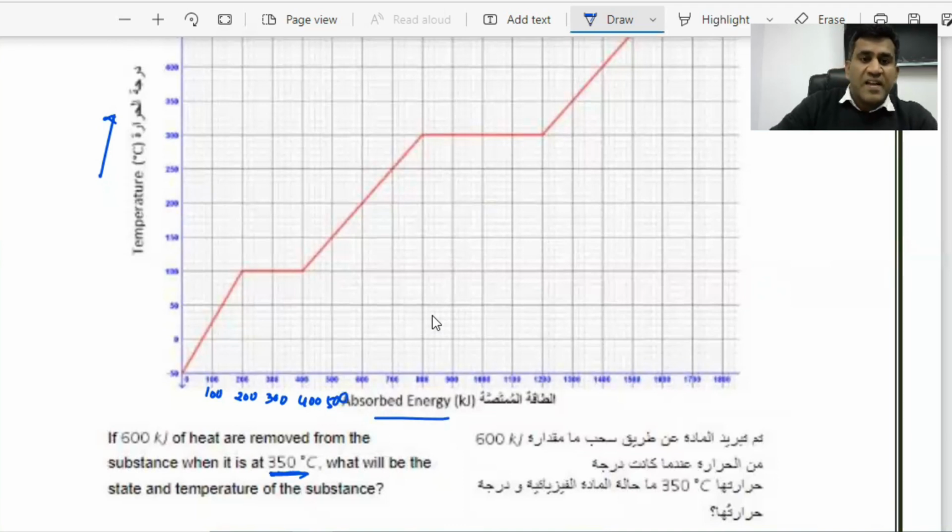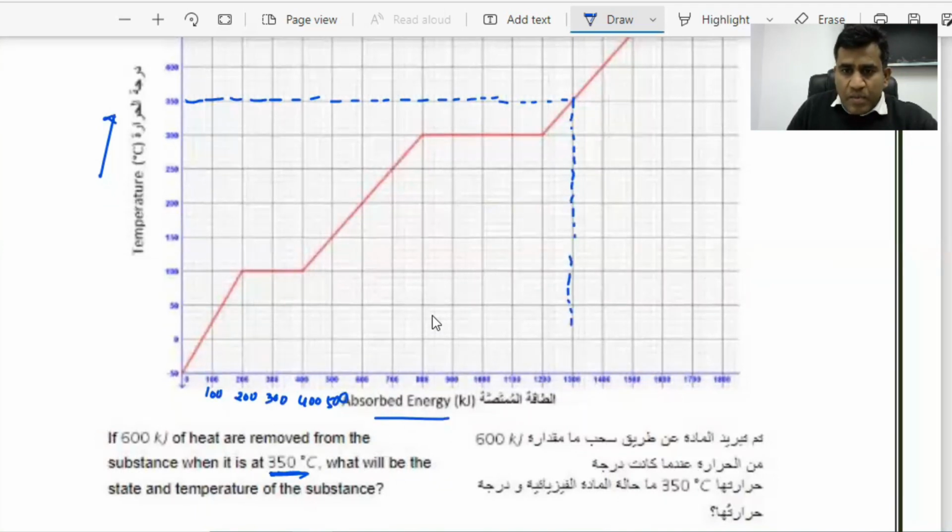You can see this is 350 degrees Celsius. At that point, read what amount of energy the substance has. The energy absorbed at that point, come straight down. You can observe this is the amount of energy.